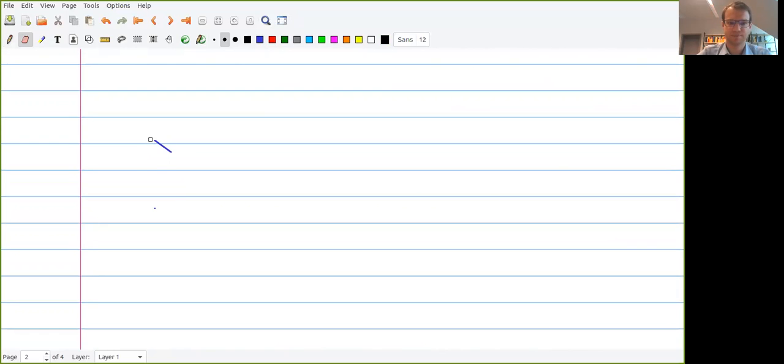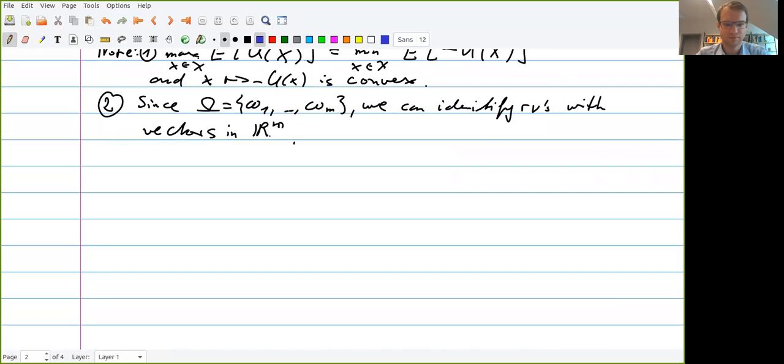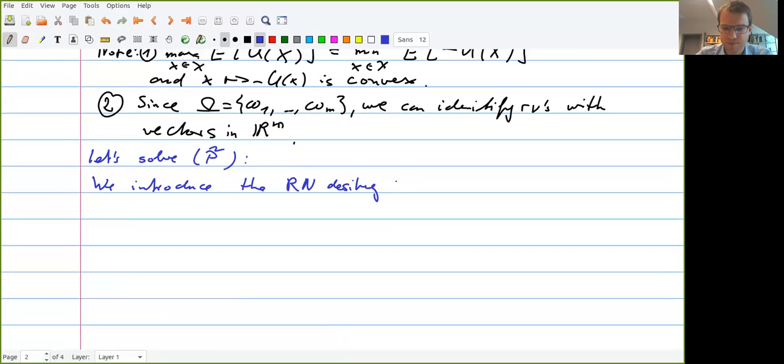Let's use the Radon-Nikodym density from P to Q, multiplied with the factor.